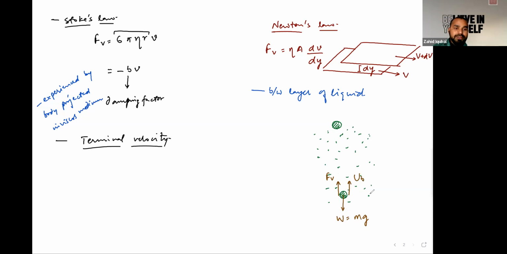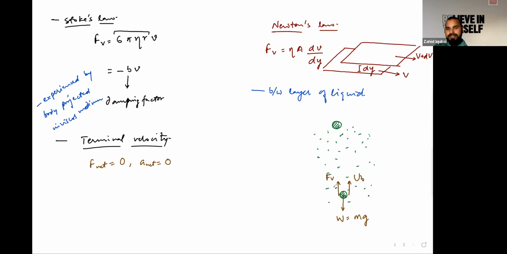So the net force acting on it will be zero. Just remember, terminal velocity is the constant velocity where net force is zero or net acceleration is zero. It is the constant velocity with which a body will ascend or descend in a viscous medium.